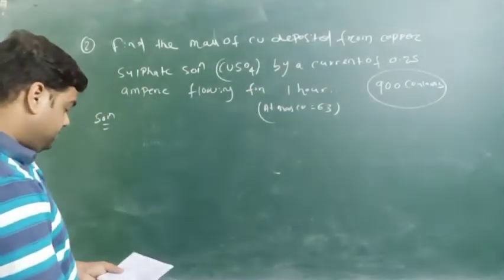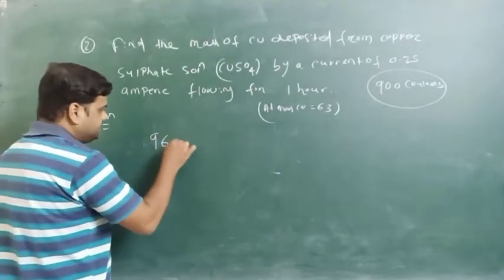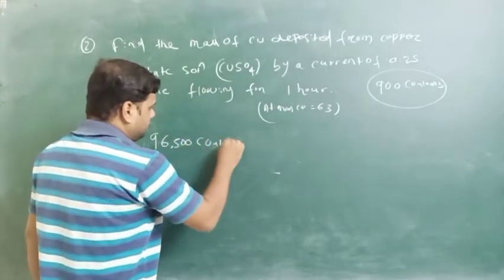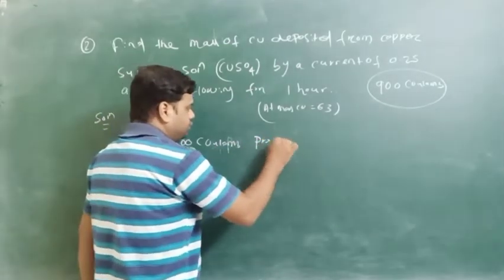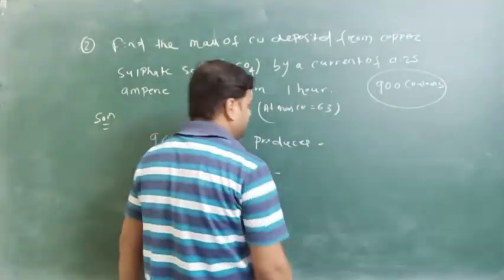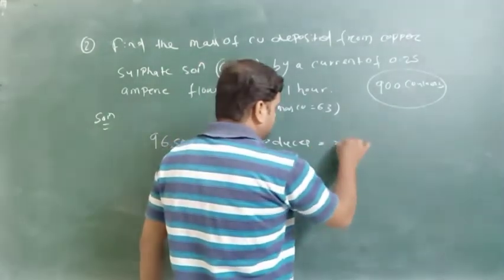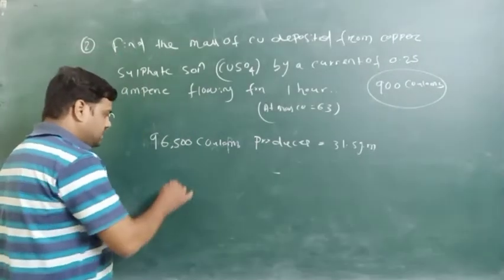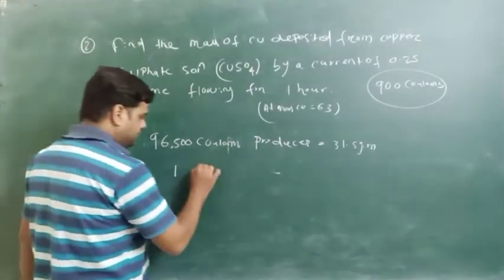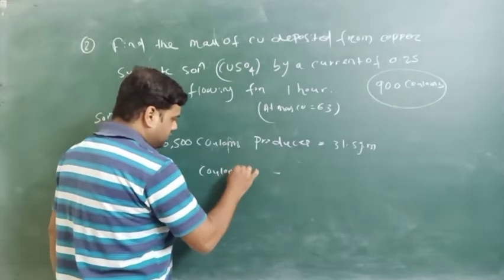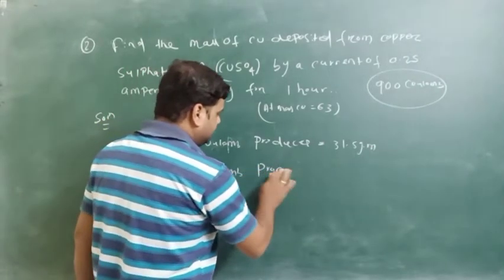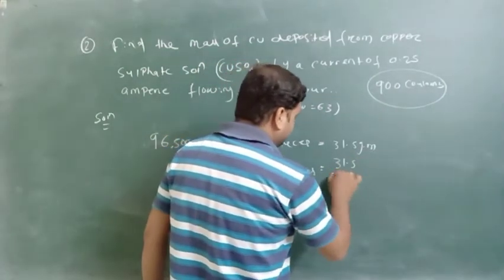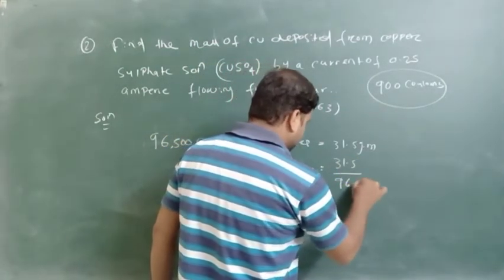So 96,500 coulombs produces 31.5 gram equivalent of substance, whereas 1 coulomb of electricity produces 31.5 divided by 96,500.